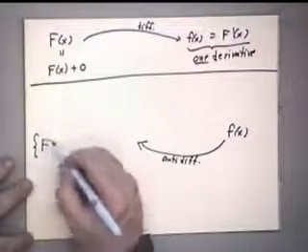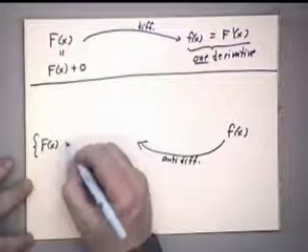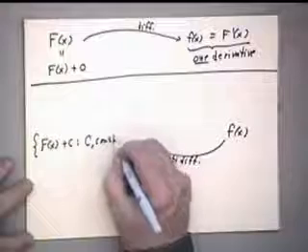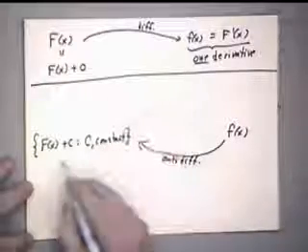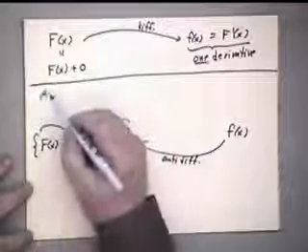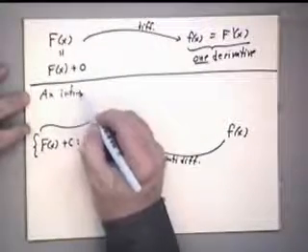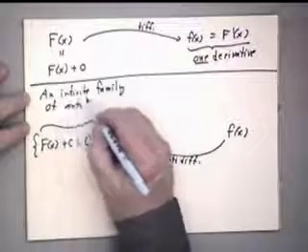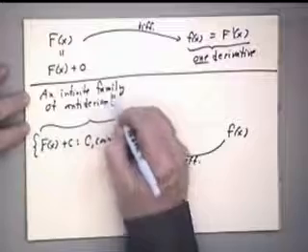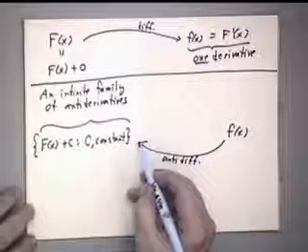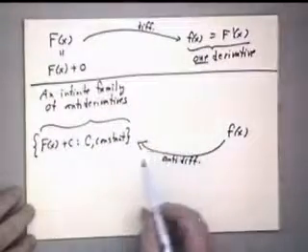You end up with a family of big F of x plus c's where the c is any constant whatsoever. This is an infinite family. So this set is an infinite family of antiderivatives for the function little f of x. So this is what anti-differentiation gives you as opposed to differentiation.